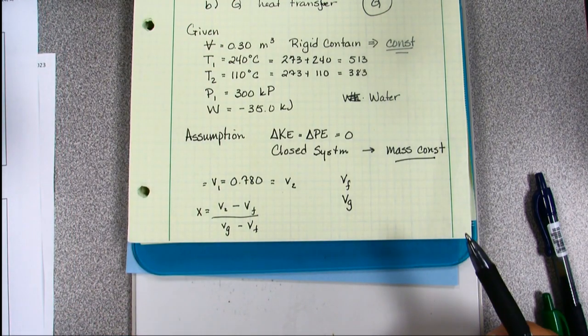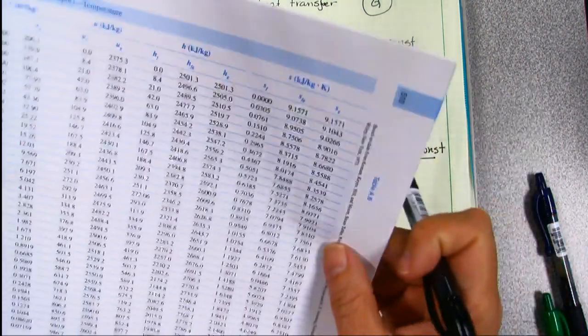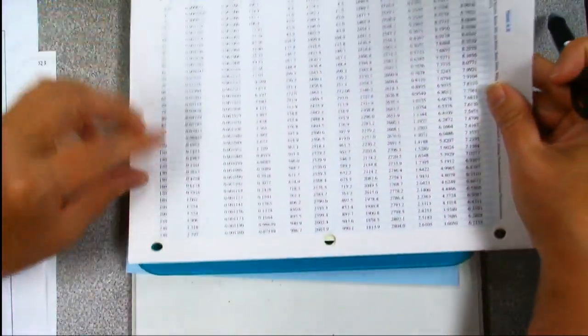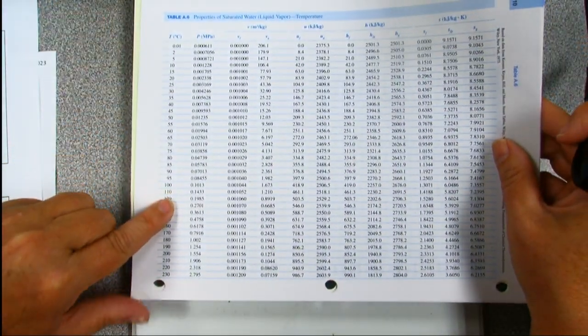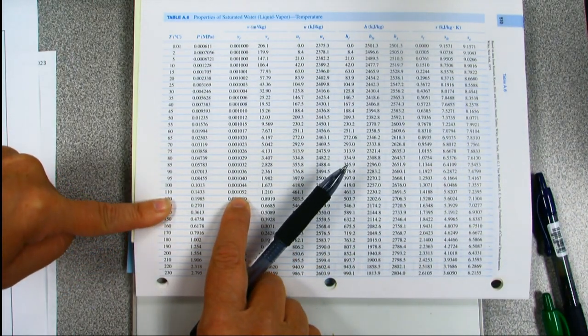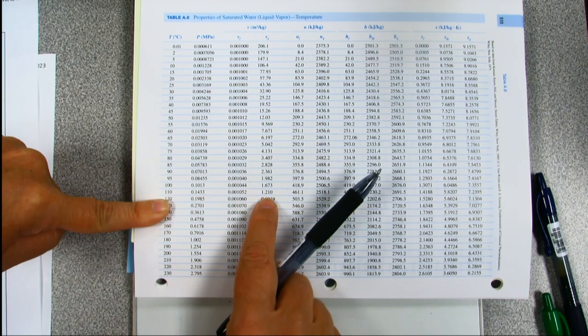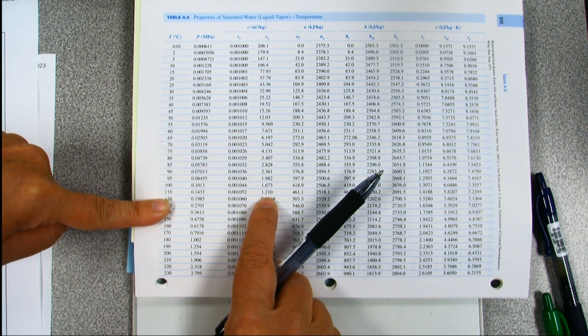So we want to do at the final temperature, which is 110. I go here, I'm getting the 0.1052 for my V final, and my V gas is my 0.121. So I'm getting that piece.